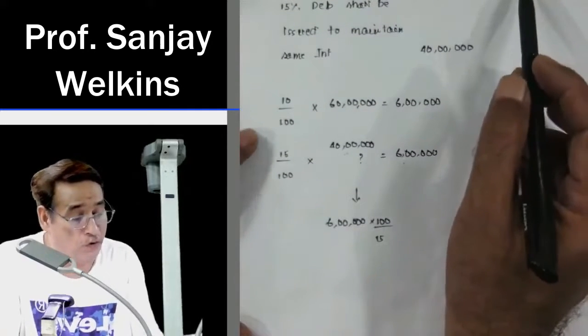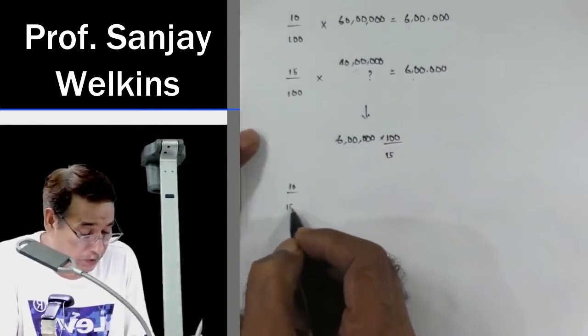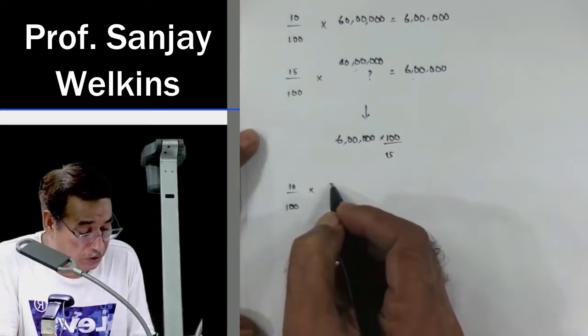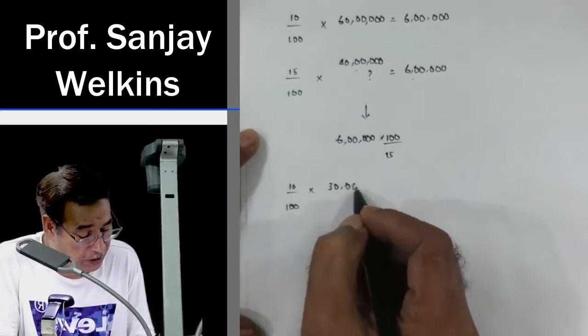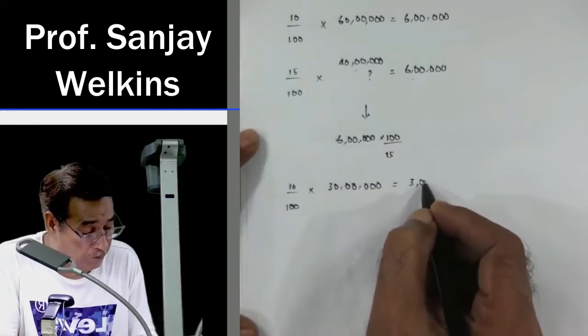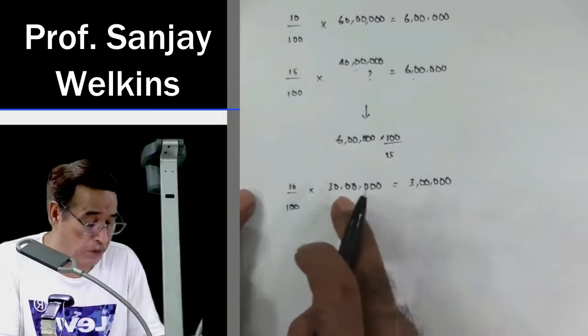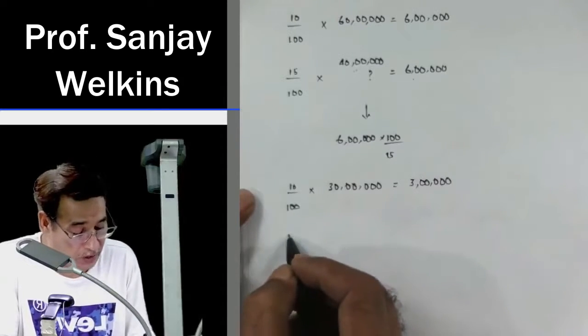Similarly, we can compute with respect to Y Limited. As far as Y Limited is concerned, 10% debentures of Y Limited are equal to 30 lakhs and their total interest is equal to 3 lakh. That means total interest is 3 lakh at the rate of 10% on 30 lakh worth of debenture. Now we are discharging these debentures.